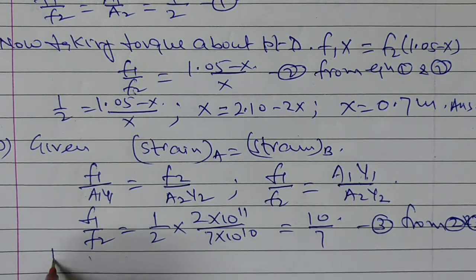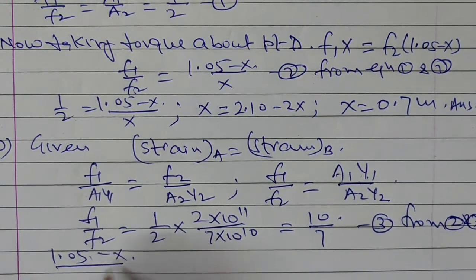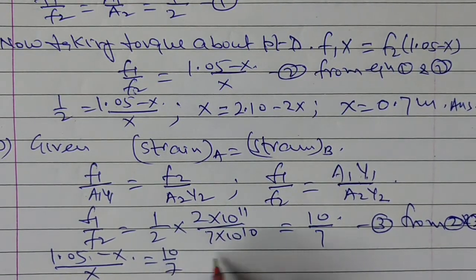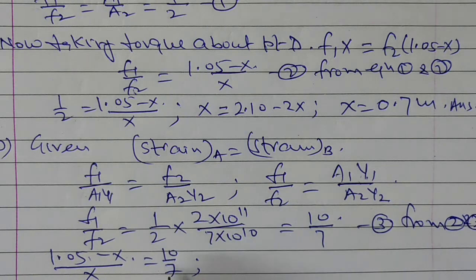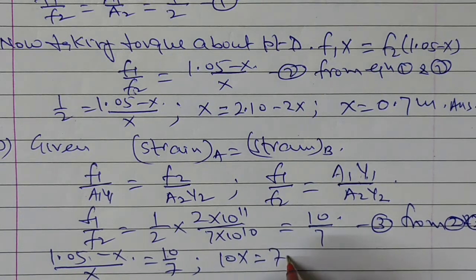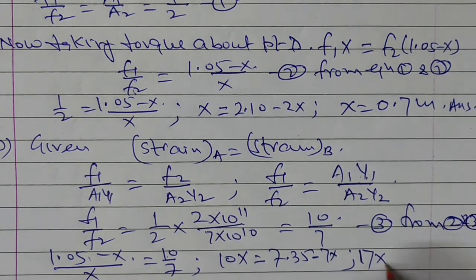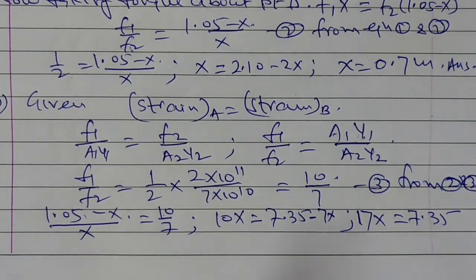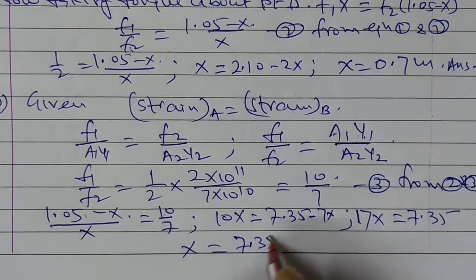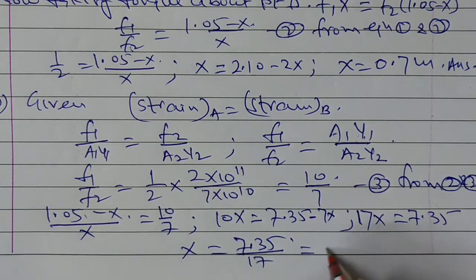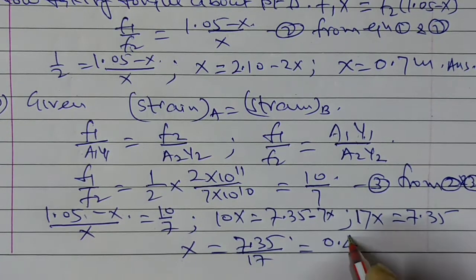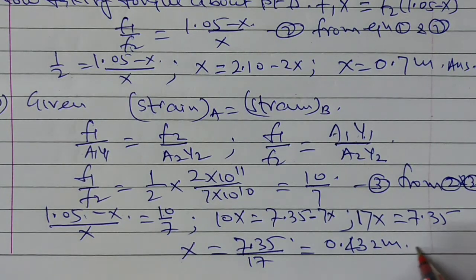Therefore 1.05 minus x upon x is equal to 10 by 7, and this can be written as 10x is equal to 7 into 7.35 minus 7x, or 17x is equal to 7.35, and from here x is equal to, on solving, 7.35 upon 17 is equal to 0.432 meter. This is the second answer.